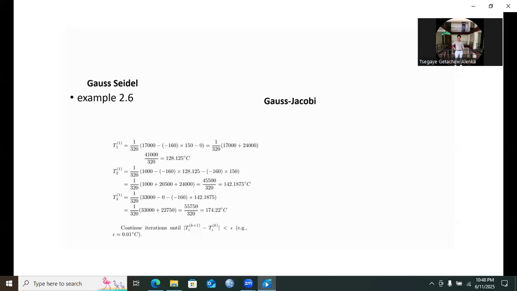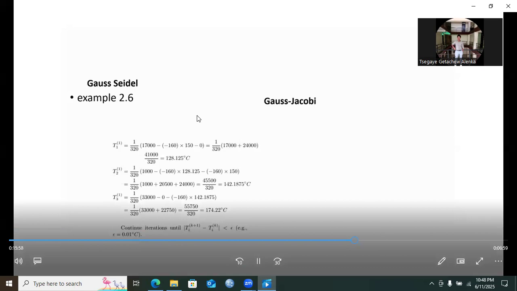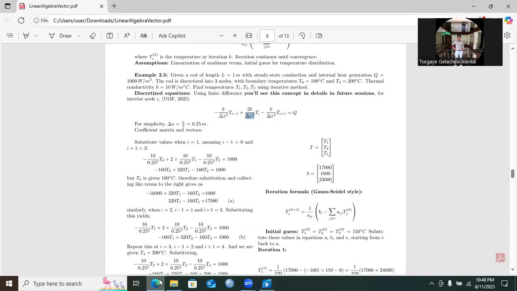From here, let us use Gauss-Seidel, taking an initial guess at the interior temperatures T1 equals 150. We first compute T1 in equation C, or you can also start from equation A. Use its result T1 and substitute in equation B to estimate T2.